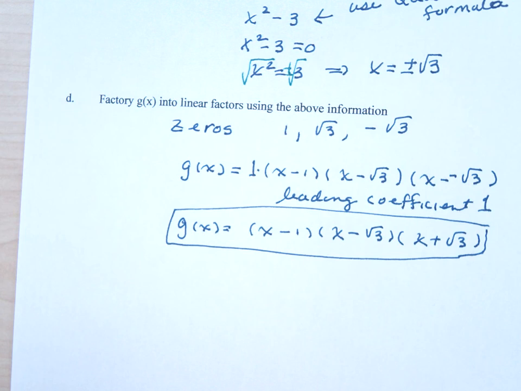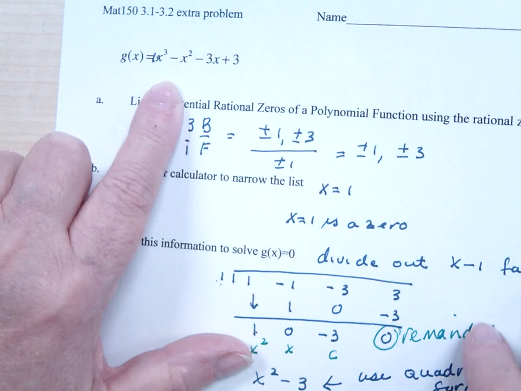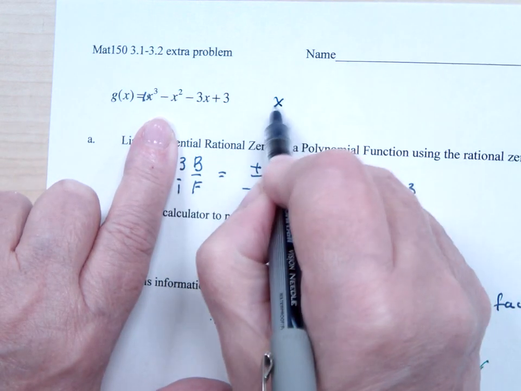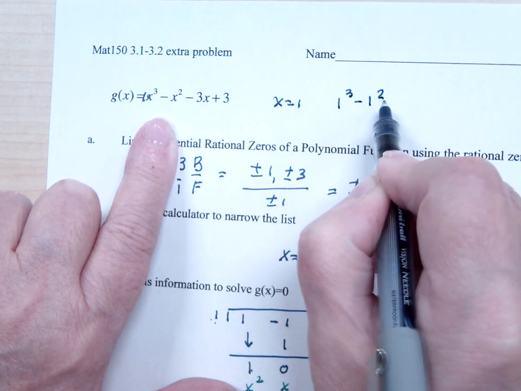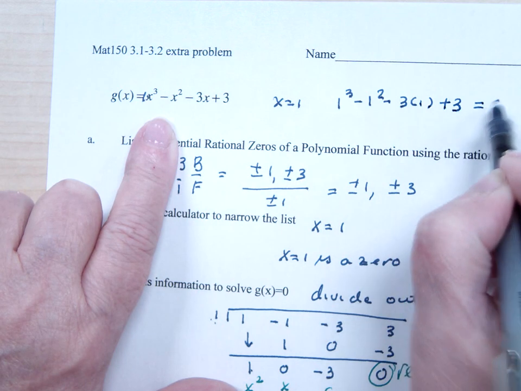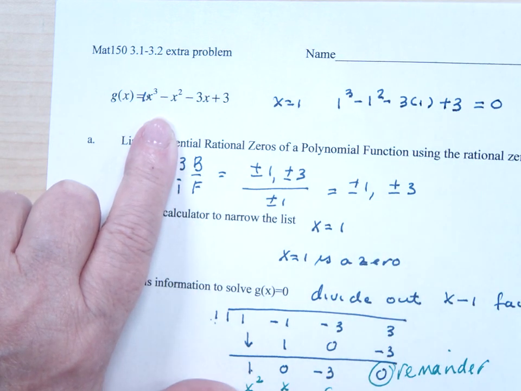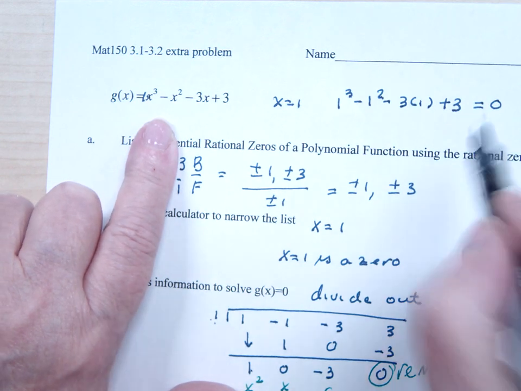Because it would be easy enough for me to check, just put in x equals 1 in this guy. I would get 1 cubed minus 1 squared minus 3 times 1 plus 3, that gives me 0. That says right there, by hand, without using my calculator, that x equals 1 is a zero.